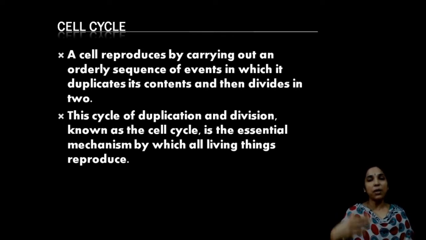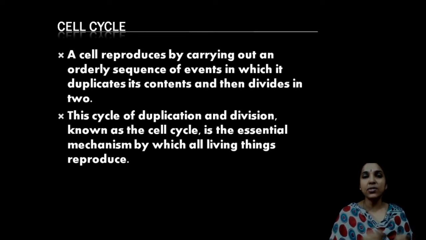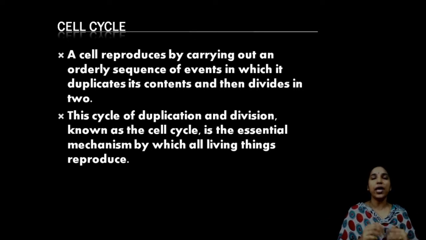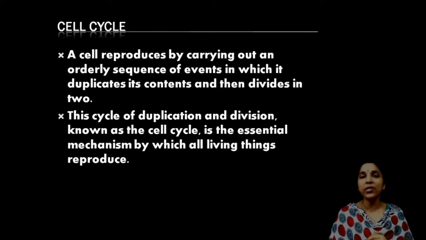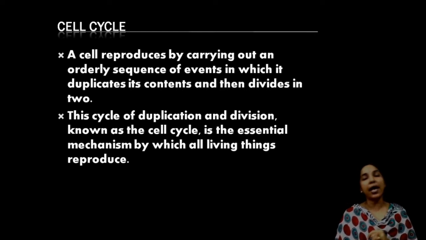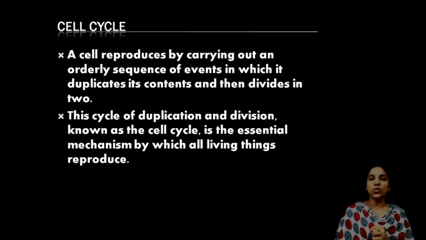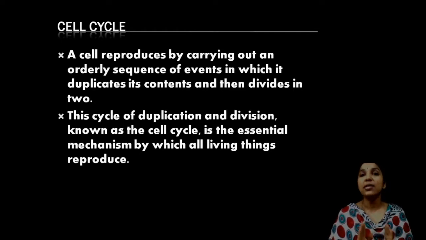It duplicates its contents and then divides into two. Duplicating its contents means the DNA replicates, cell organelles divide and are equally distributed, and the cell divides into two. Then this cycle of division and duplication is known as the cell cycle.